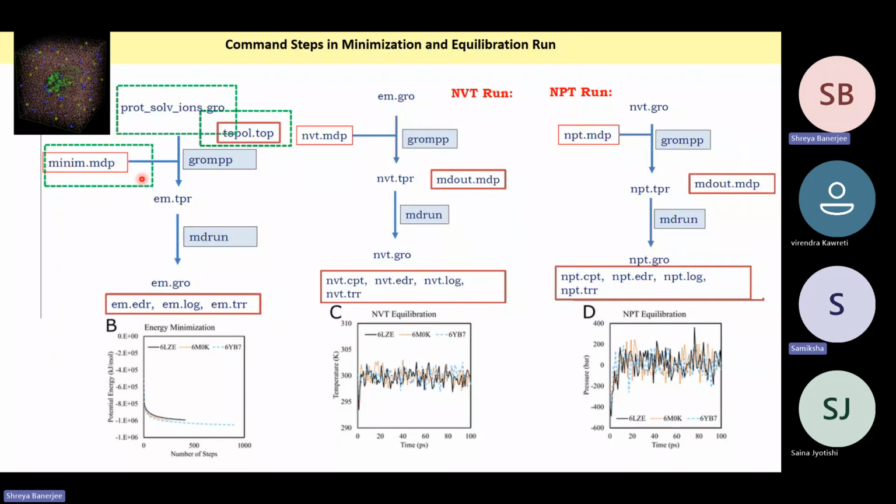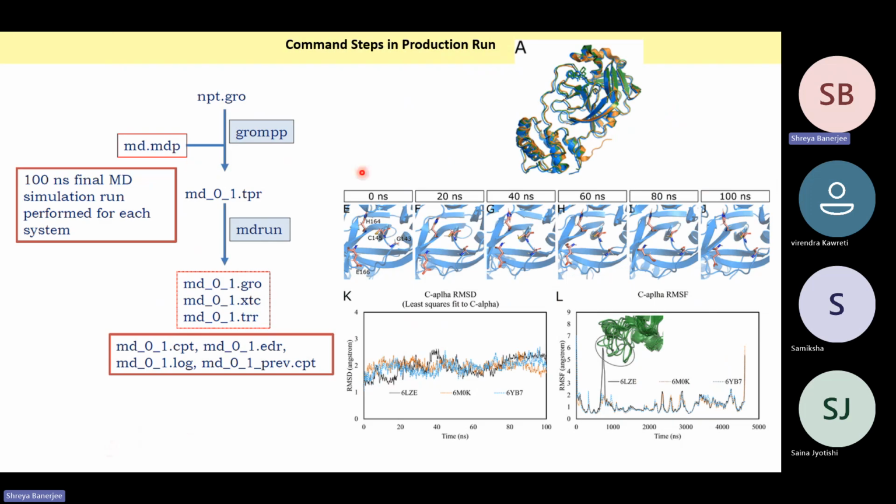What I understood is that minim.mdp is giving you the energy minimized structure, and then the energy minimized structure itself is moving. So these are the different snapshots you have taken of the energy minimized structure, that is, of the native structure itself.